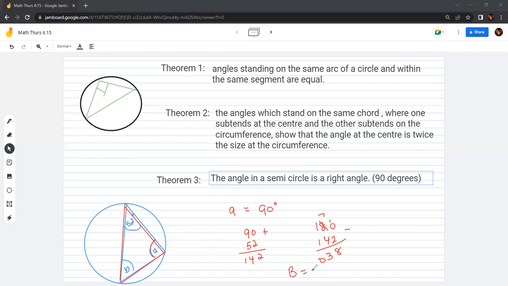Right, so B is 38. Right, so it was 90 plus 52, we got 142. And then when we subtracted, I got 38.